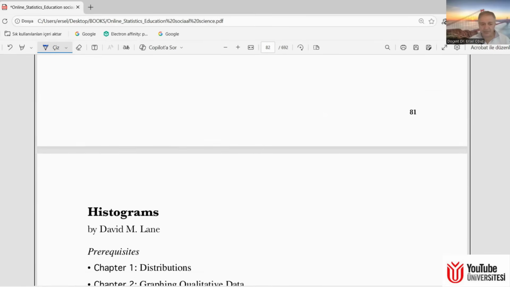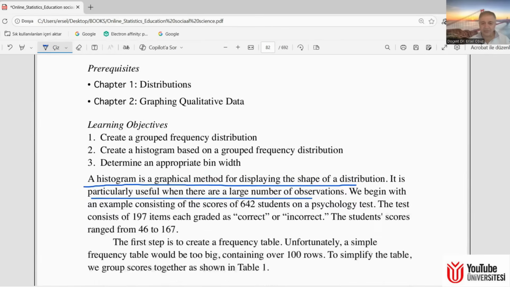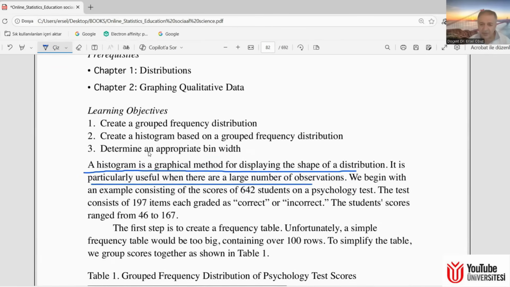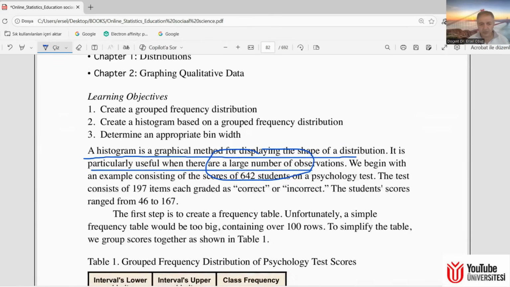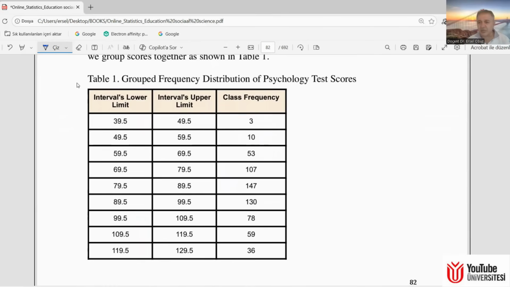Okay, histograms, important especially for continuous data. A histogram is a graphical method for displaying the shape of the distribution. It's particularly useful when there are a large number of observations. In the histogram, what is happening? You don't have the exact values. What you have is an interval.